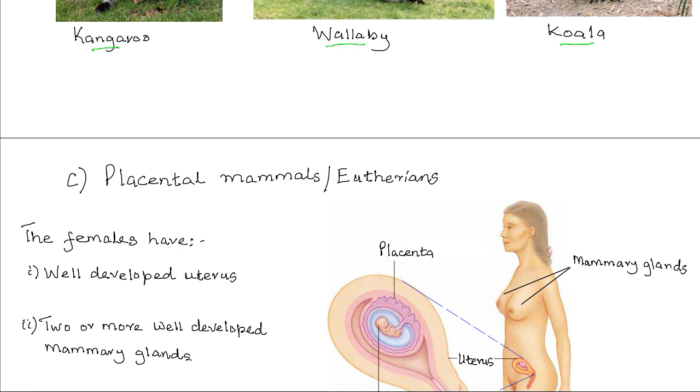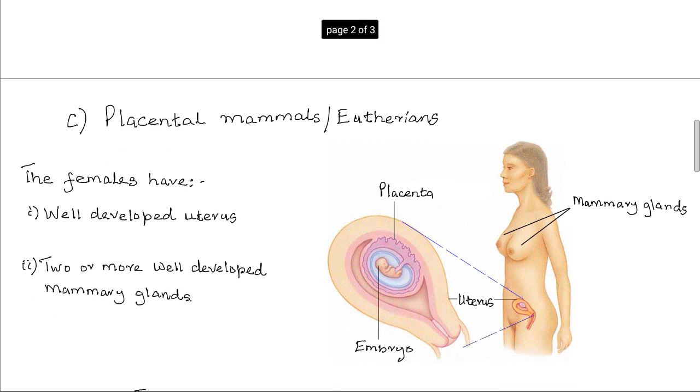The placenta is a region on the walls of the uterus where the embryo obtains nutrients from the mother. So, within the uterus, as the embryo develops, this is the female of the placental mammals, for example, in humans. That is the uterus.